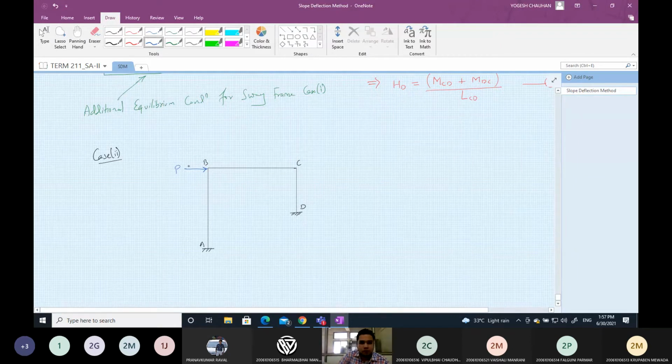Because of this force, the frame will sway towards the right. Let this be delta. Here again we are assuming the axial deformations are neglected in beam BC. So this will be same.